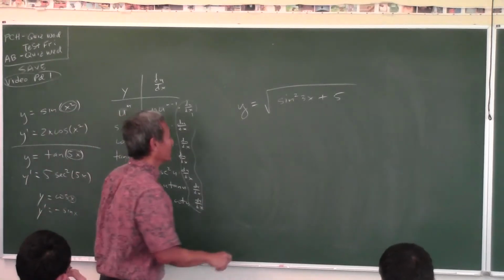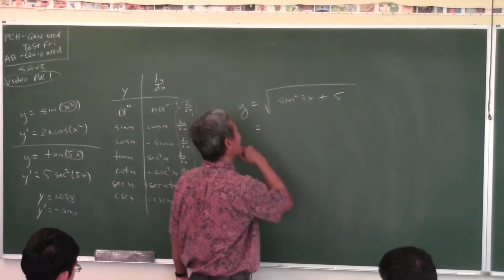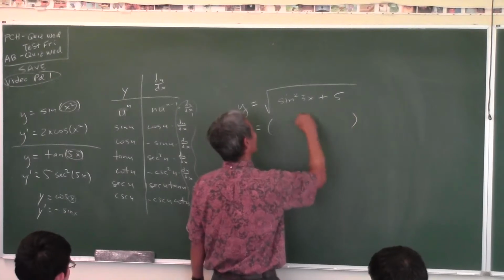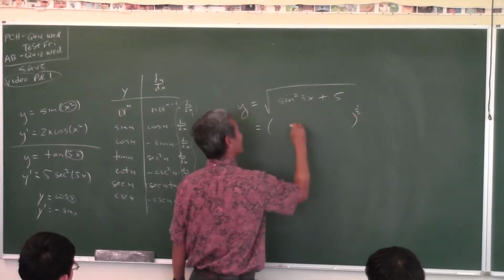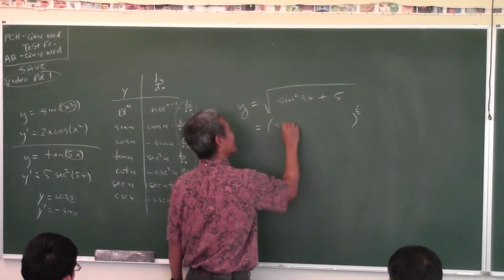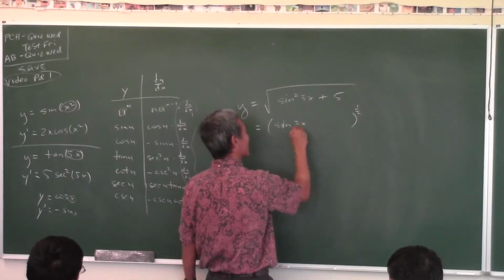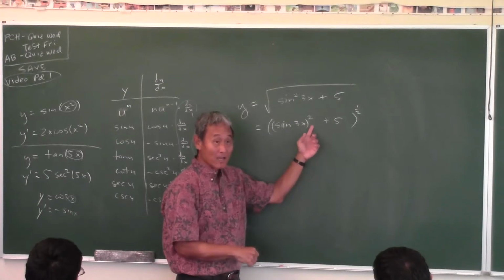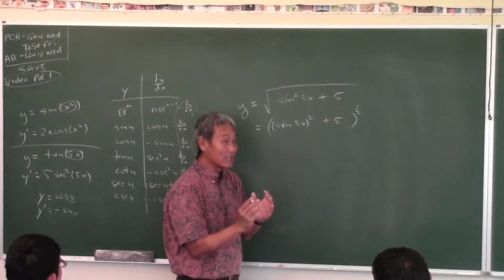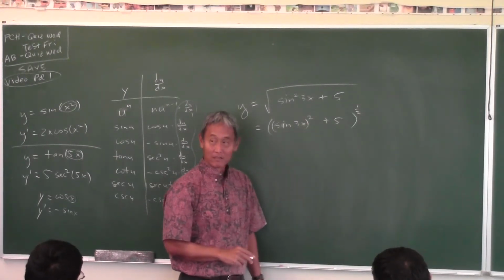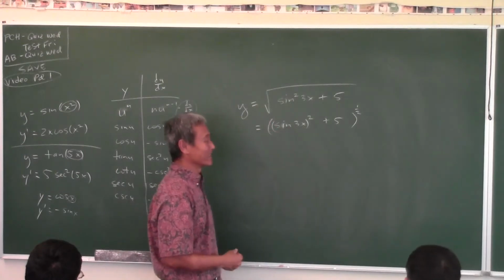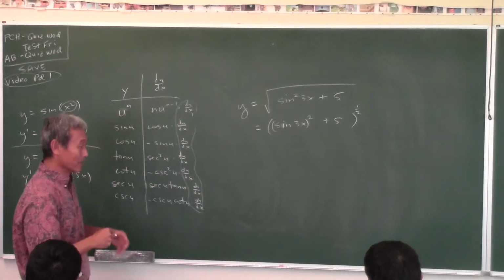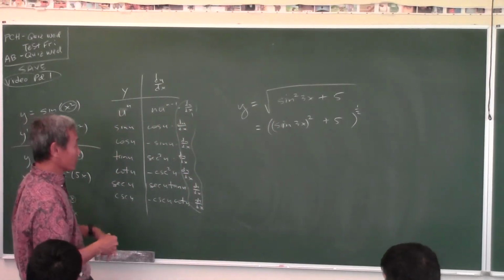Before you set up this problem, you should be thinking, well, square root is 1/2 power. So inside you would have sine squared 3x. But remember I told you guys when you have a trig function to a power, write it like this so that you can clearly see that it's box squared. After a while, you guys will get the hang of it and you don't have to do it. But when you first learn it, that's what you should do.